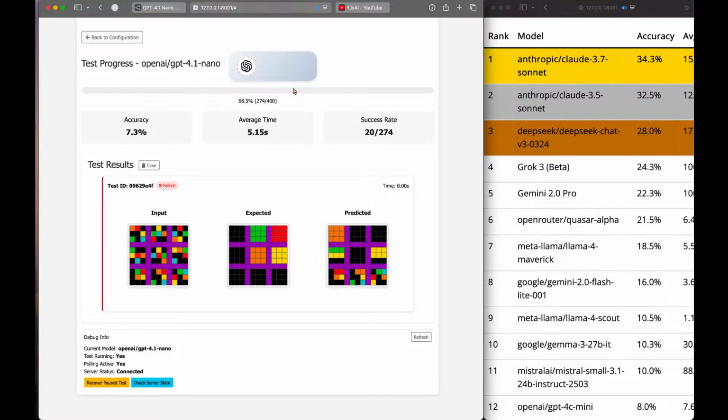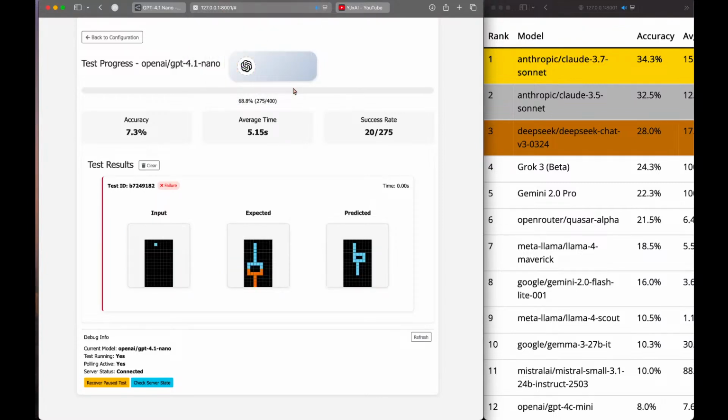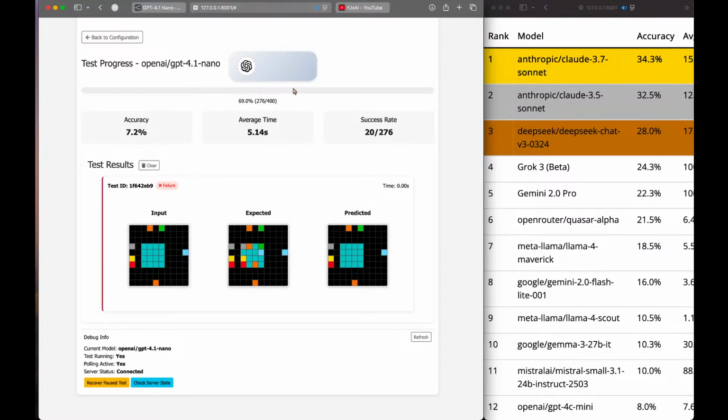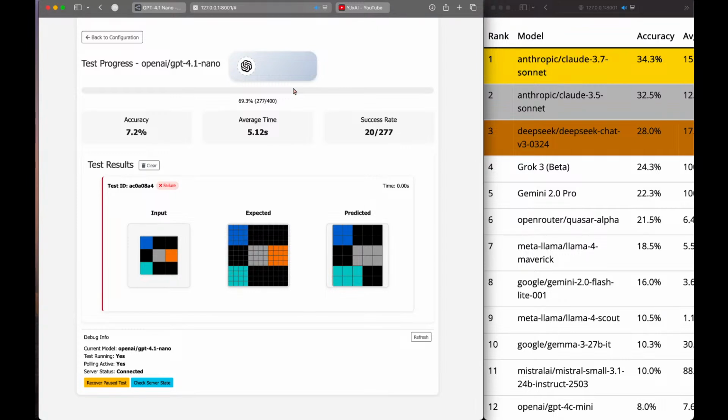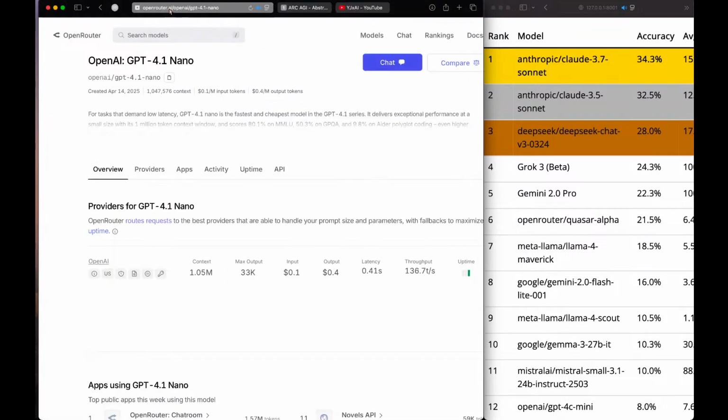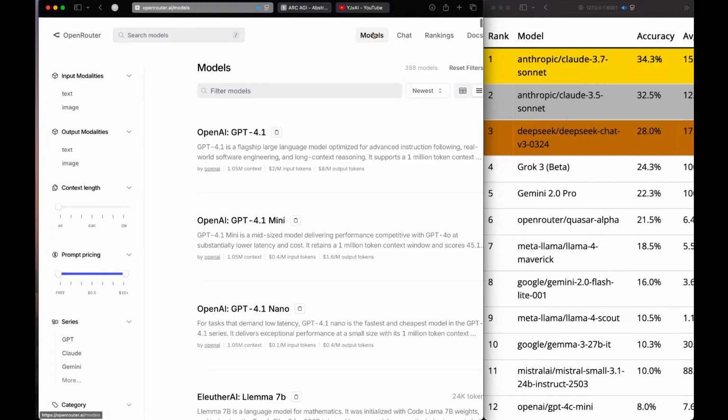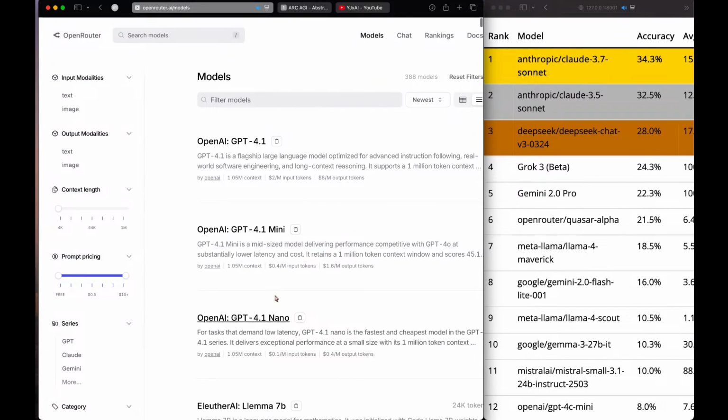So today I was just fiddling around with... Which subscription model do you use, bro, to access all the AI models? I use OpenRouter. OpenRouter has access to almost all models. So you can see all three models, 4.1, 4.1 mini and nano, are available here in OpenRouter.